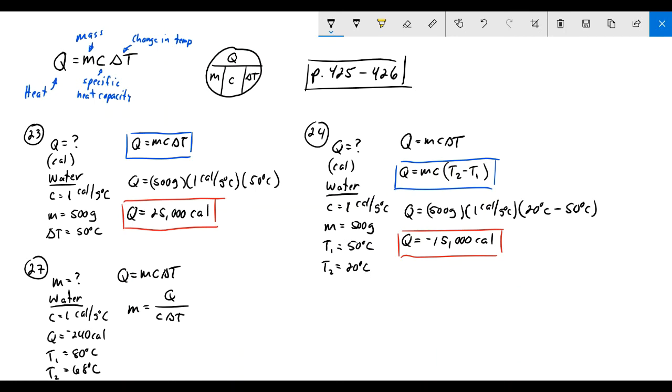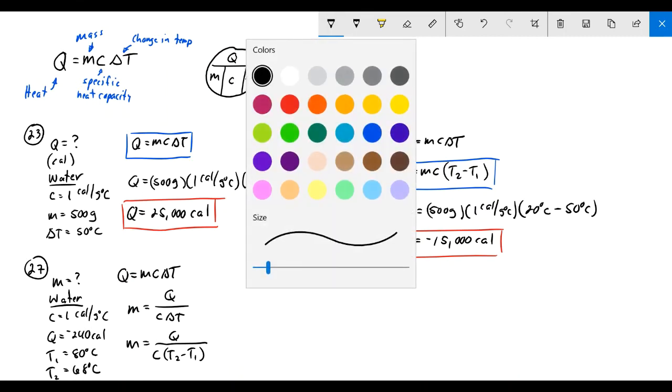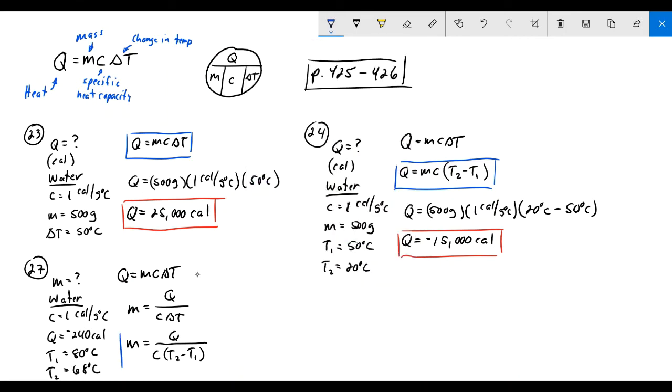Because I've got two temperatures here, we really should expand this delta T. So we'll rewrite this one more time. M equals Q over C, and then for the delta T, I'll have T2 minus T1. So this version here will solve this problem.